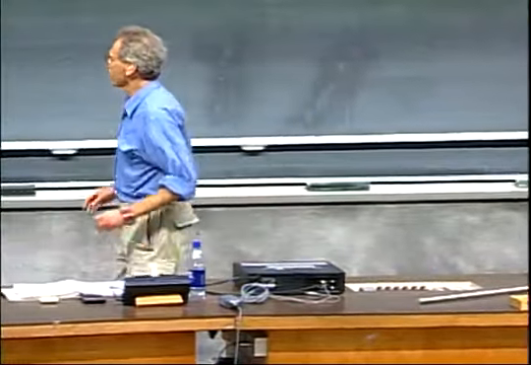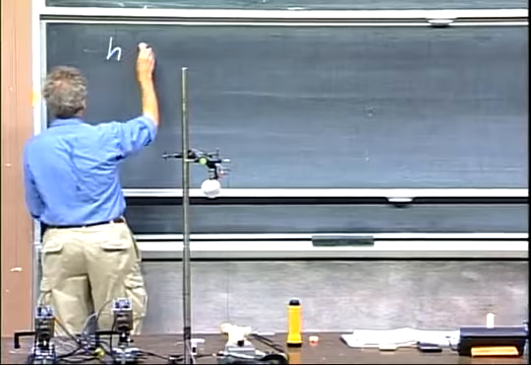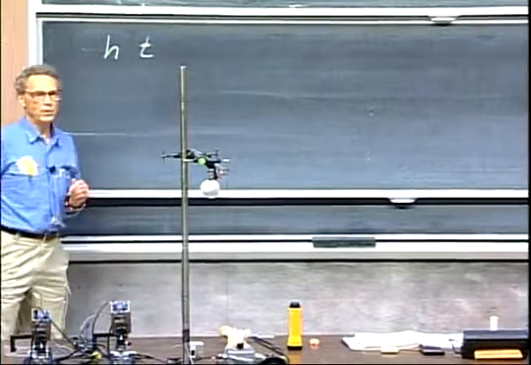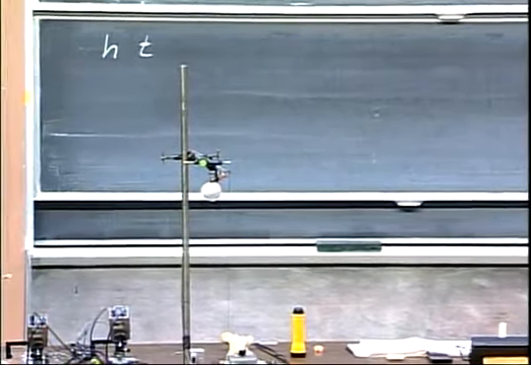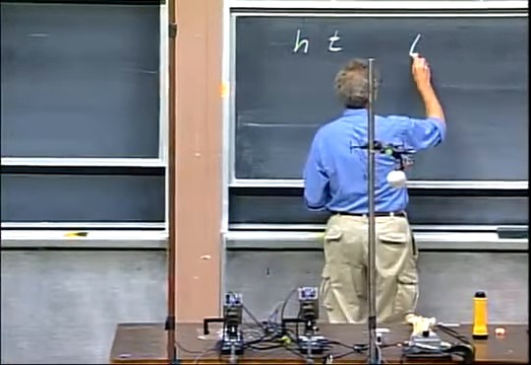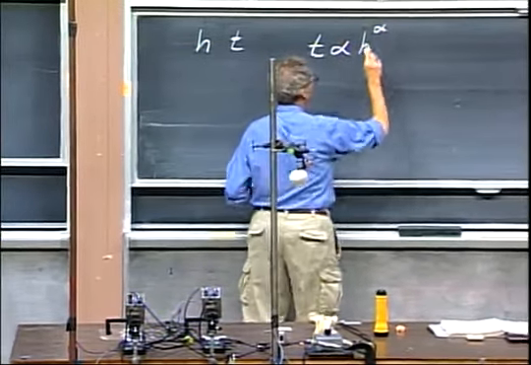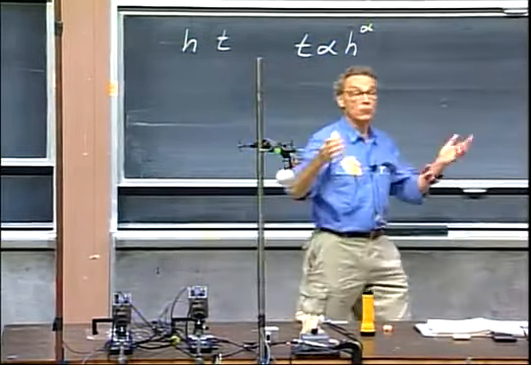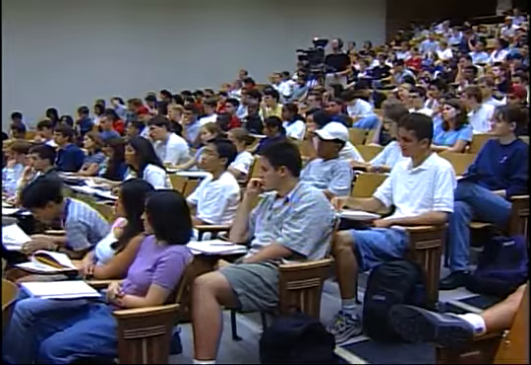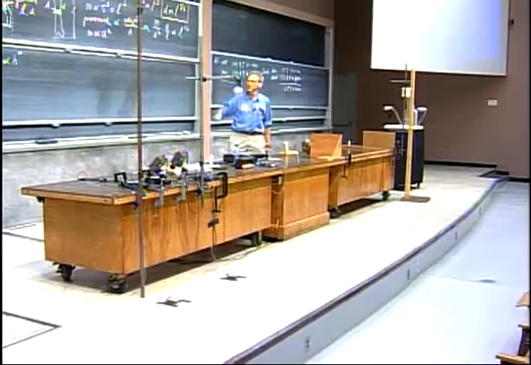Well, I drop the apple from height h, and I want to know what happens with the time when it falls. And I change h. So I said to myself, well, the time that it takes must be proportional to the height to some power alpha. Completely reasonable. If I make the height larger, we all know that it takes longer for the apple to fall.